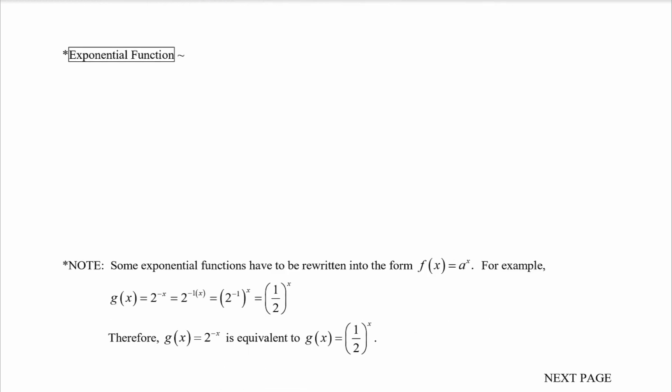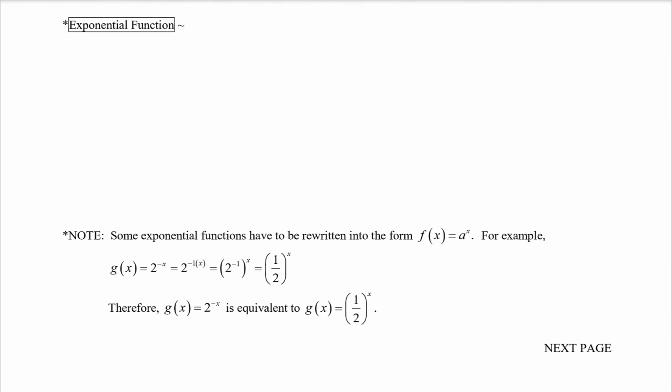So we have a need for a new type of function, and we've given that function a name. It's called an exponential function. As always, we want to start with a definition.